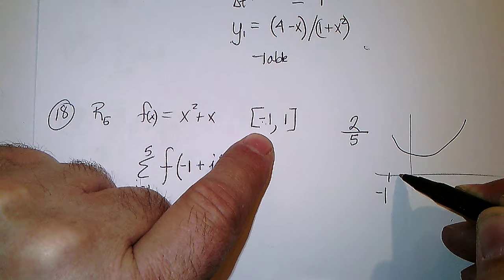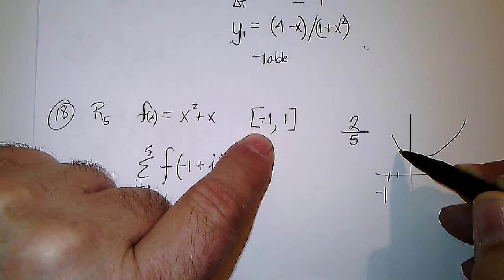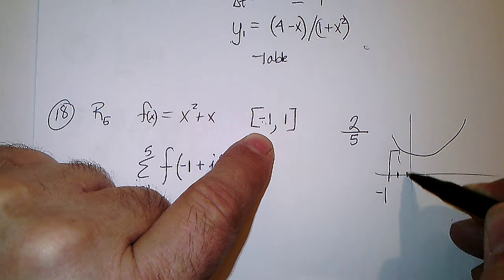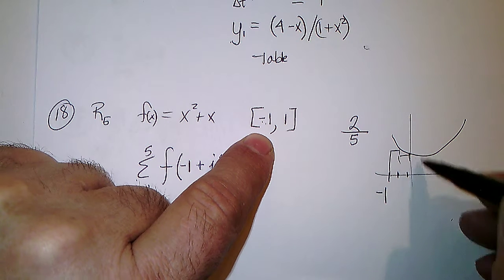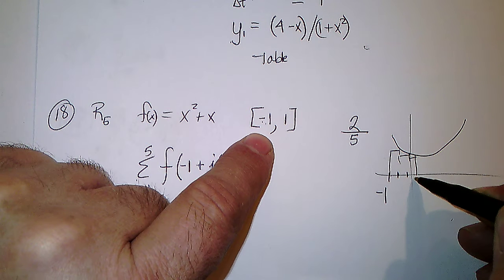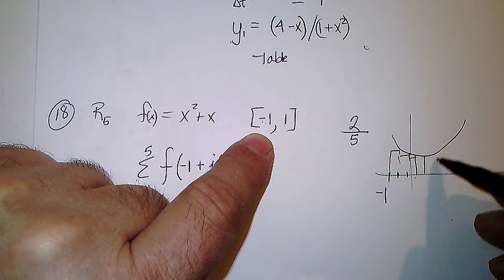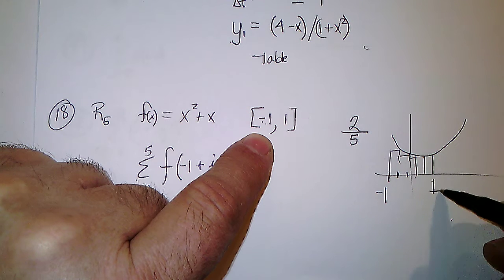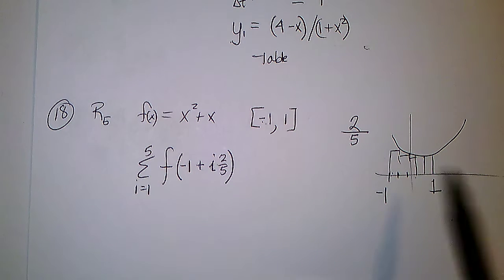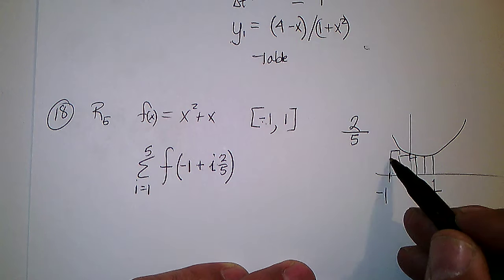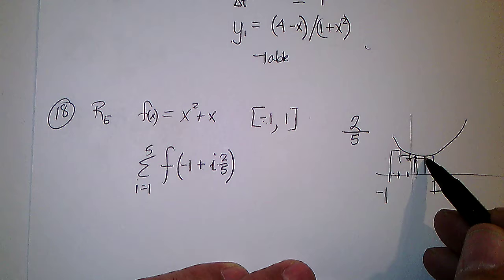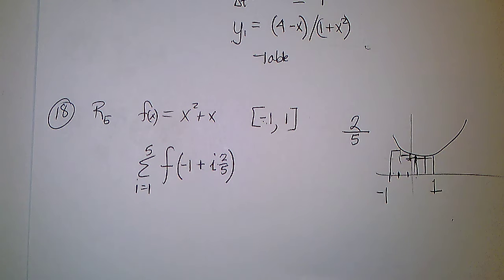And then I got to go 2/5 over, and that's the right side. Then 2/5 over, and then 2/5 over, and then 2/5 over until I get to 1. And there should be 5 of them: 1, 2, and the third one would be somewhere here, and the fourth one, and the fifth one.